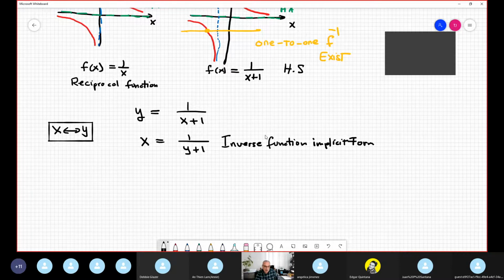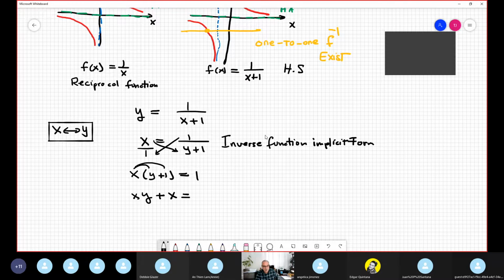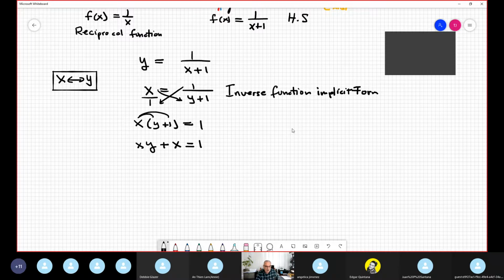Let's do it. I propose you cross multiplication like that. Boom, boom. So x times y plus 1 is equal 1 times 1, that is 1. You distribute here, why not? I try to solve for y. So you move x to the other side, xy is equal 1 minus x, divided by x both sides.